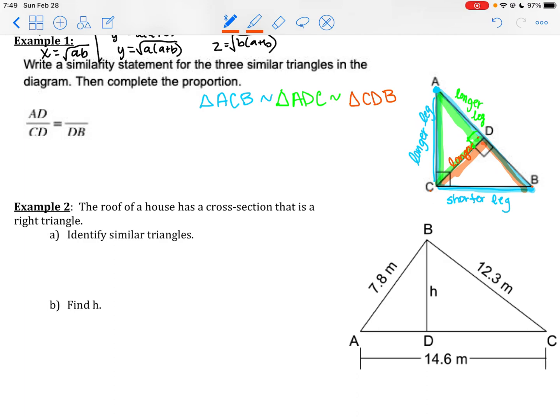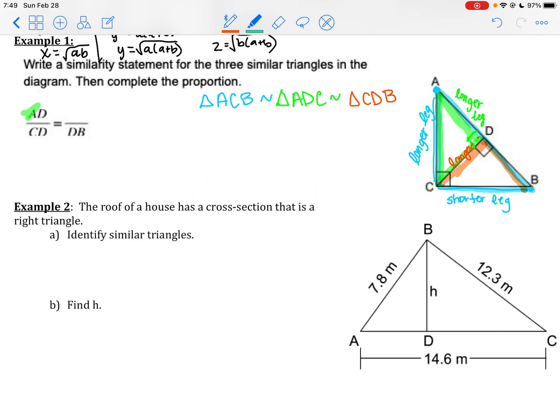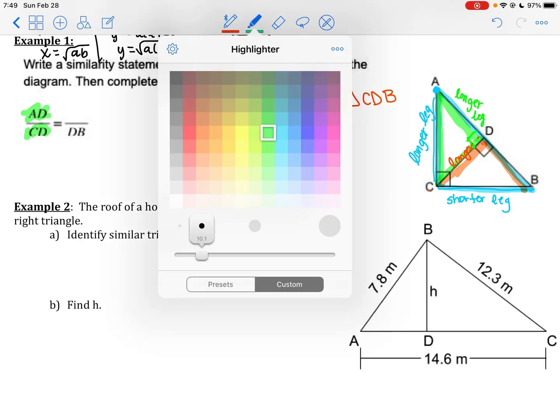So based on this, if I set up my first ratio as AD to CD, both of those are segments within the green triangle. So AD to CD is the longer to the shorter leg of the green triangle. So AD to CD. Then the next thing has DB in its lettering.